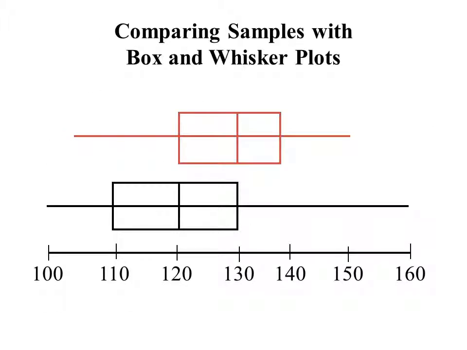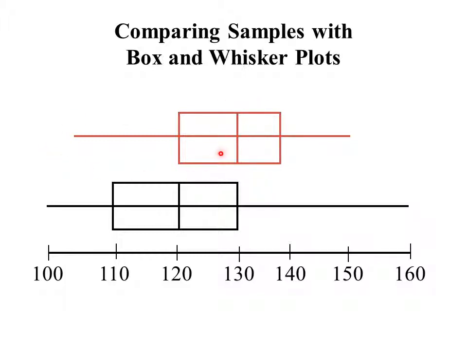Now, one thing we can do with a box and whisker plot is to compare two different samples. Here we've got two different box and whisker plots. This is for one sample, and this is for a second sample. We see that they're plotted using the same horizontal axis, so we can easily compare these two sets of data. We see that the second set of data is much more spread out than the first set of data.